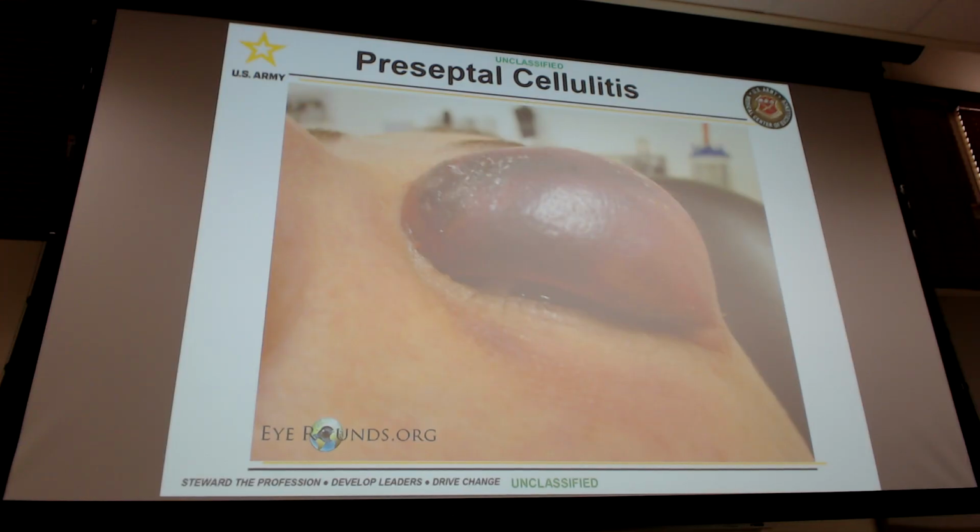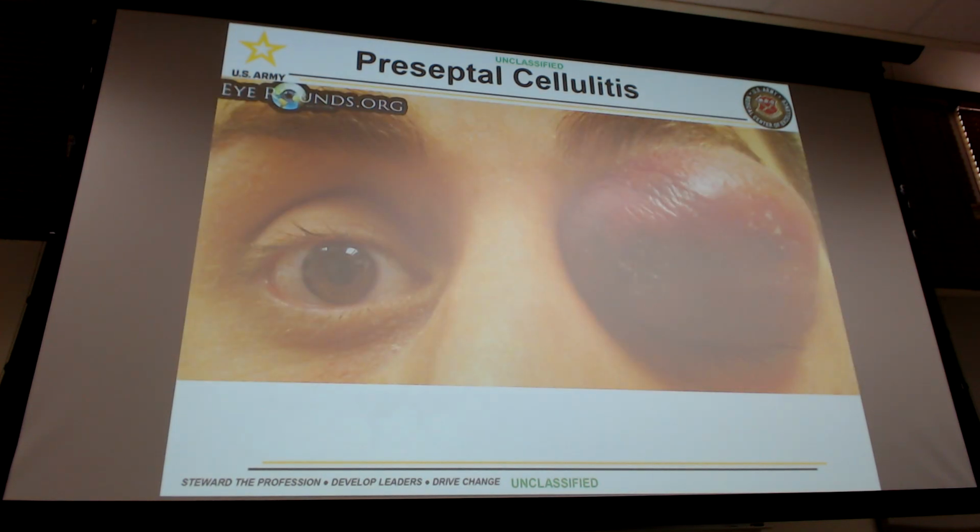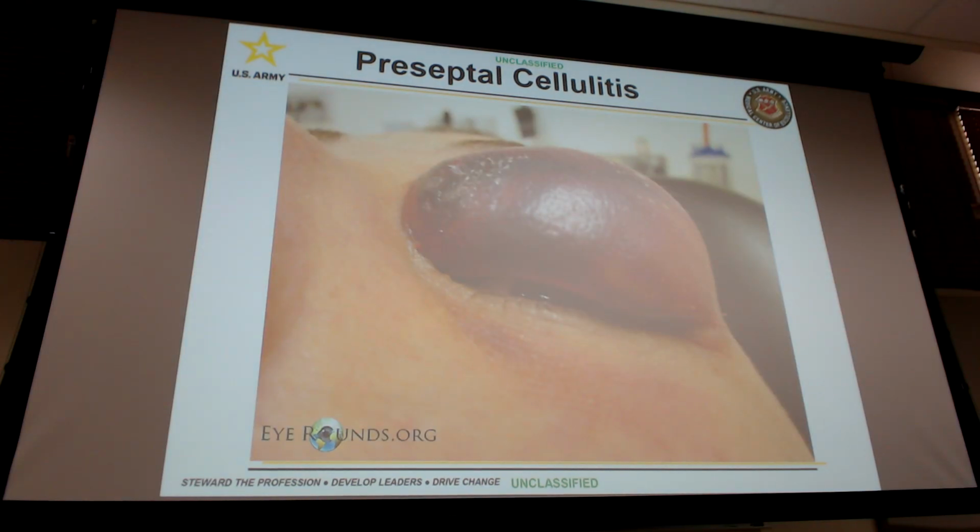So when you're trying to see if a patient has proptosis or check their vision or their EOMs, it's difficult to do when the eye is like this, because you can't see that eye. So you kind of have to do your best. You may need to move the patient to a position where you can see a little bit of the eye, and then you can kind of gauge whether the eye is bulging out at all or whether they can still move their eyes.